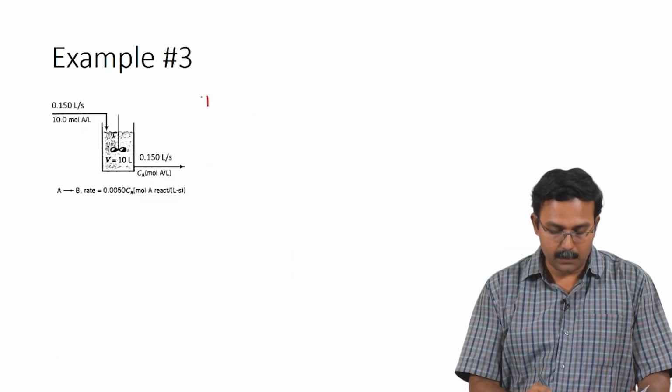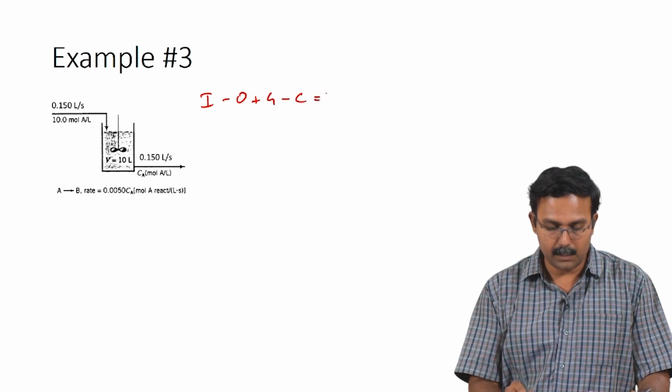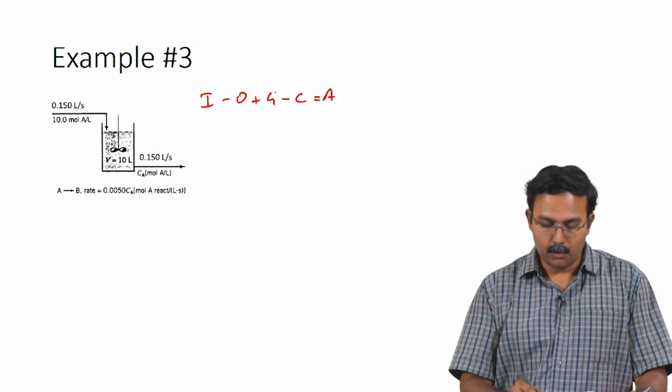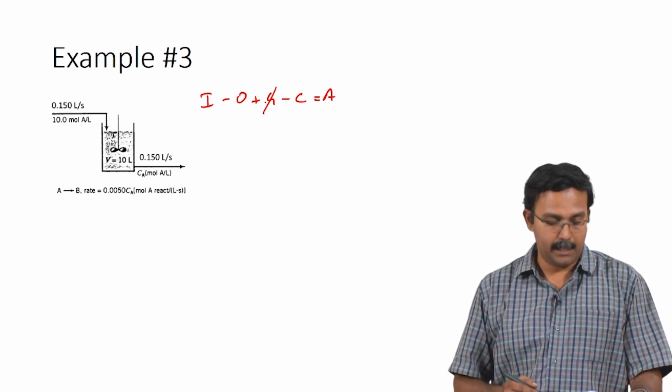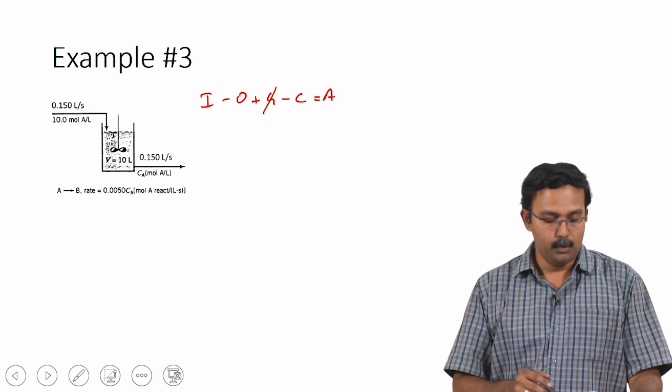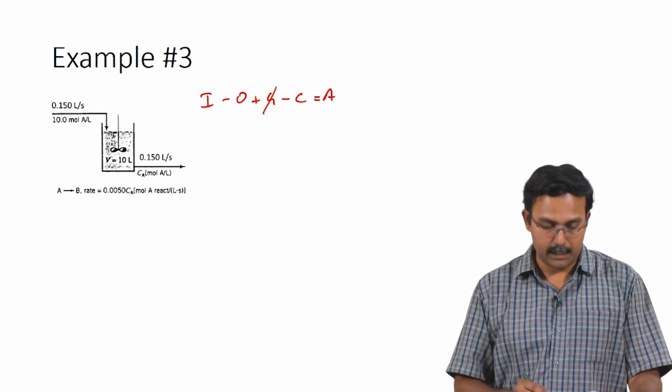As usual, we start with the general balance equation, which is input minus output plus generation minus consumption equals accumulation. So, here you do not have a generation term for component A, however, you would have a consumption term, and you do have input, output and accumulation terms.